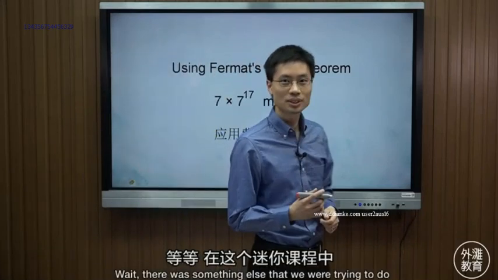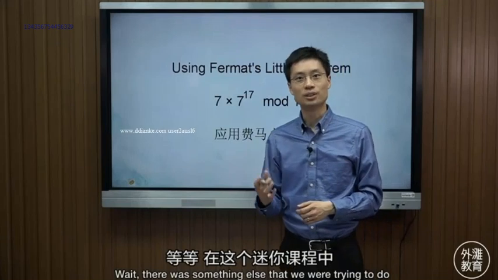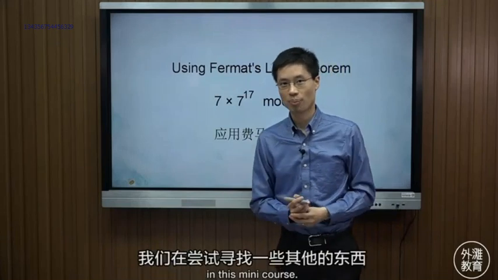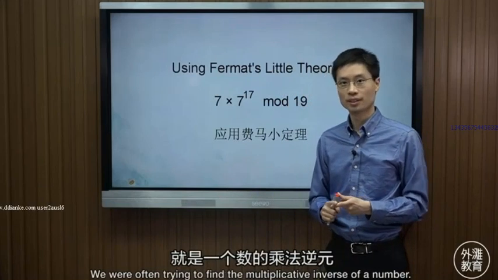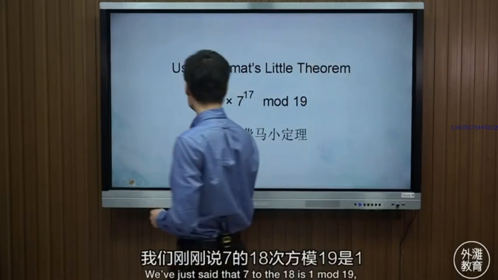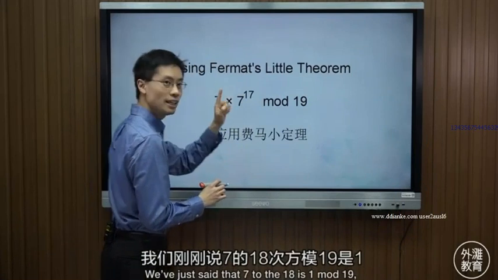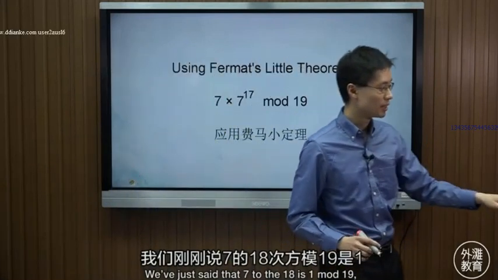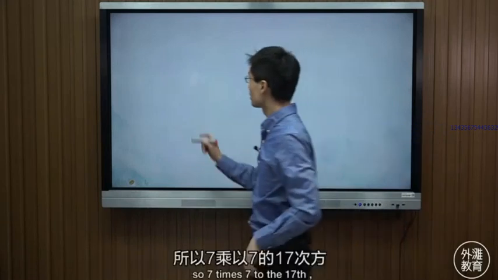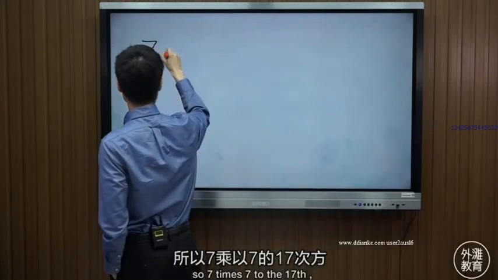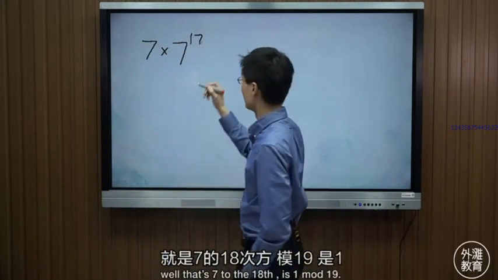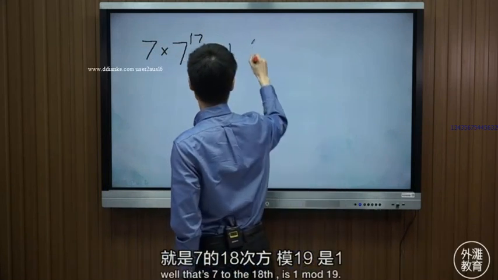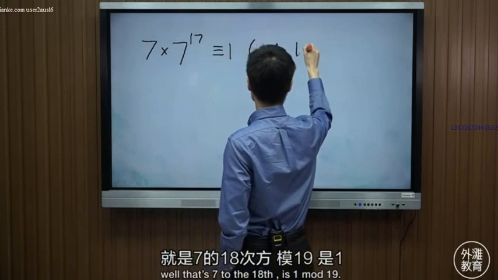Wait, there was something else that we were trying to do in this mini course. We were often trying to find the multiplicative inverse of a number. We've just said that 7 to the 18 is 1 mod 19. So 7 times 7 to the 17, well, that's 7 to the 18, is 1 mod 19.